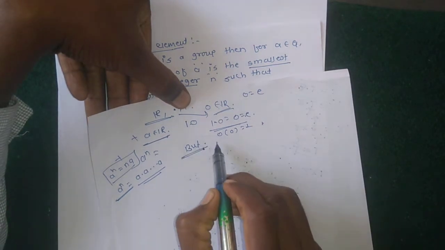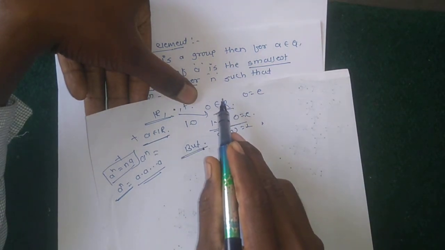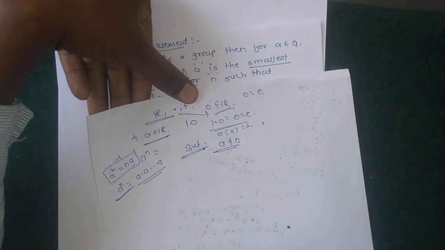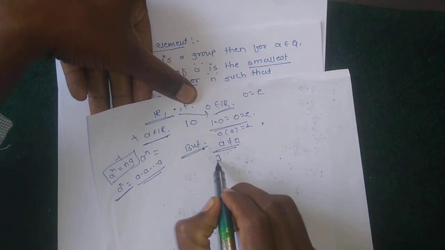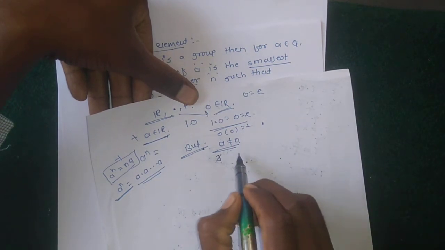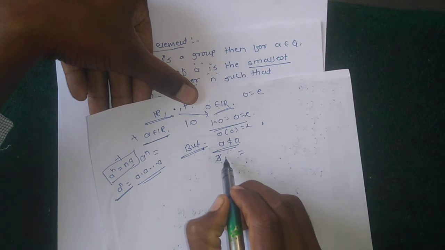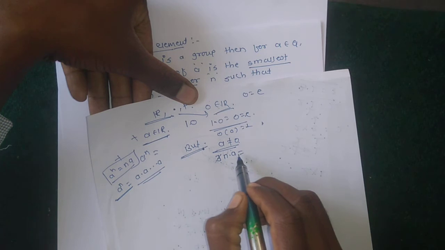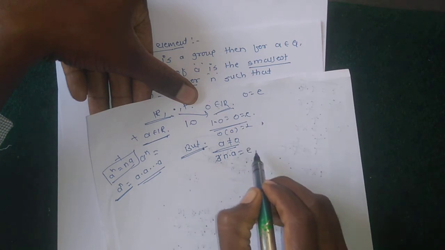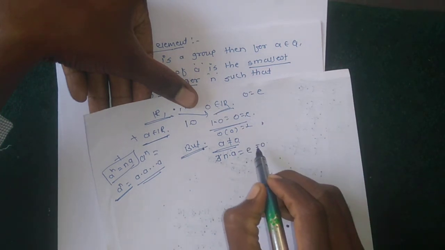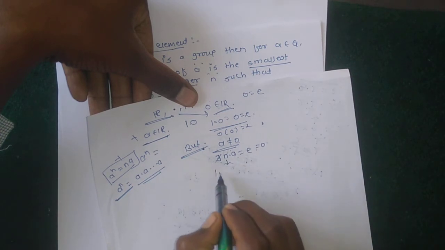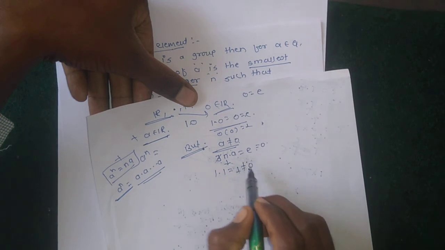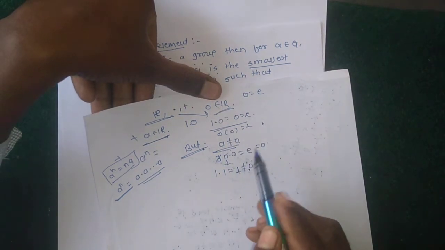But for any non-zero element of the set of real numbers, there does not exist a positive integer n such that n into a equals the identity, because the identity here is 0. Suppose 1 into 1 is 1, which is not the identity.